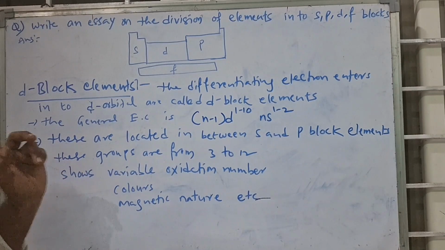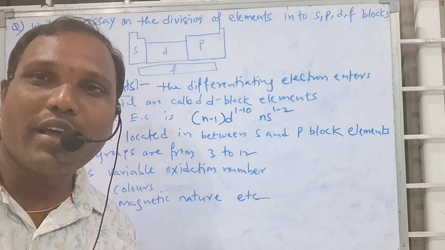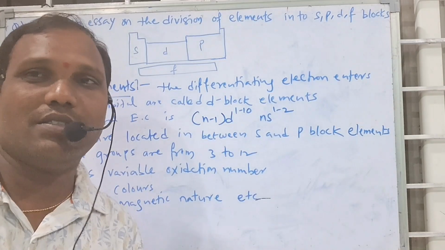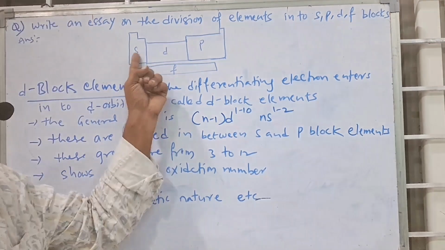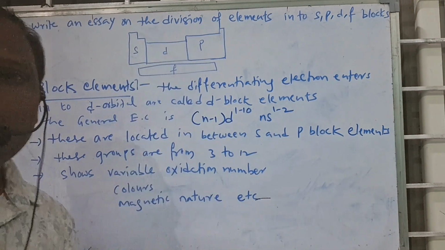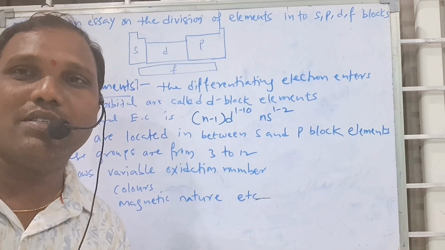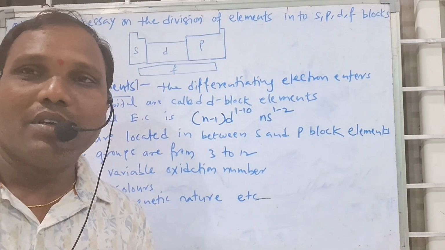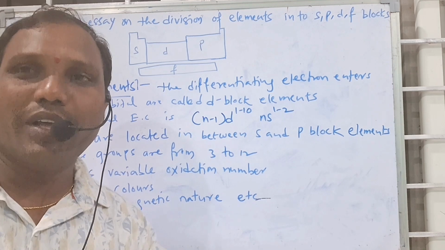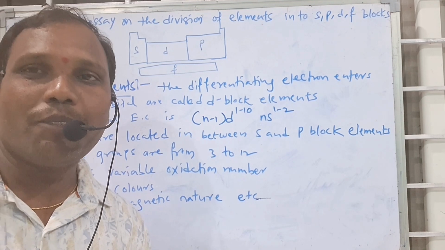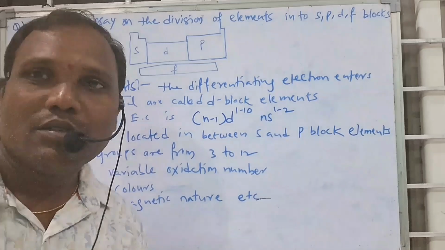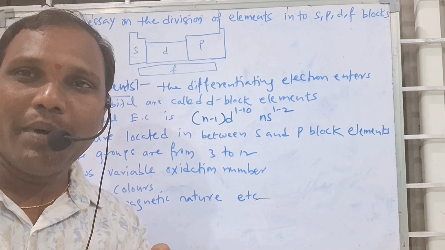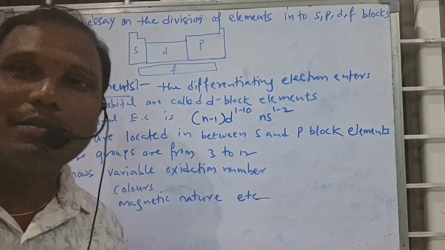These d block elements are located in between s and p block elements. These groups are from group 3 to 12, because, as you learned before, the s block has 2 groups and the p block is 13 to 18; that's why in between them 3 to 12 will come.